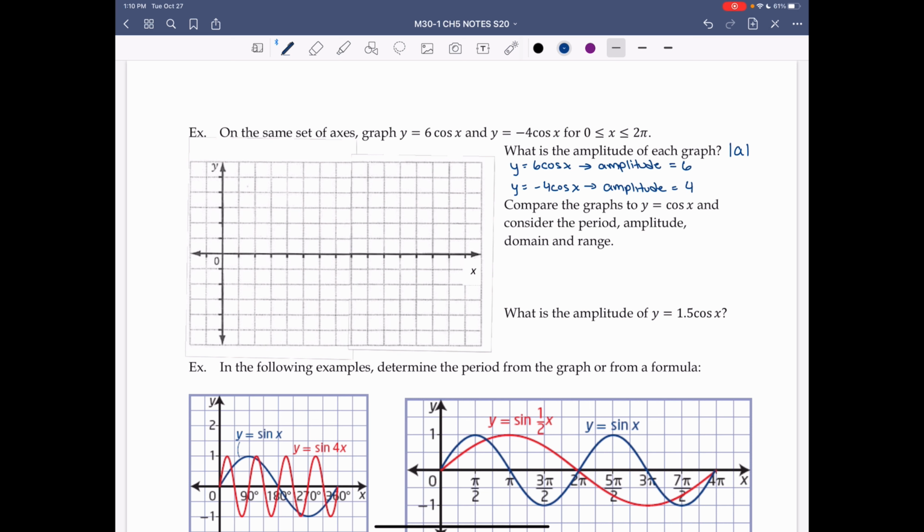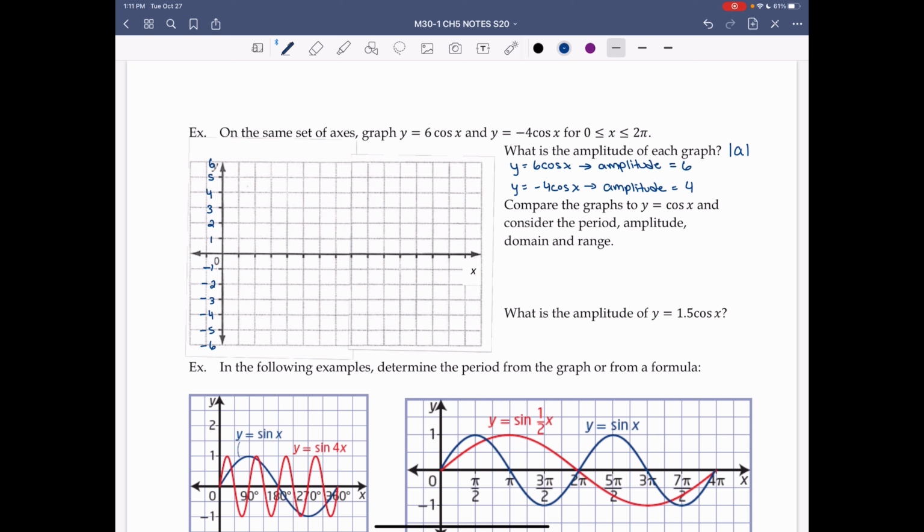Absolute value of negative 4 is 4. This tells us that our y values need to go up to 6 and down to negative 6. So 1, 2, 3, 4, 5, 6, and negative 1, negative 2, negative 3, negative 4, negative 5, negative 6.